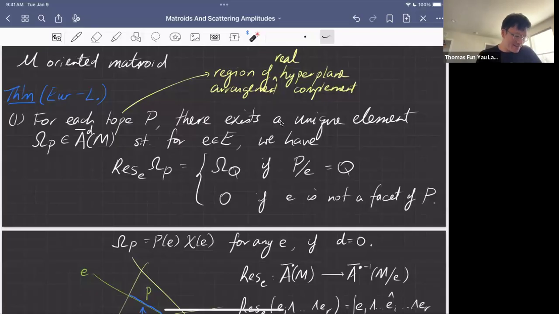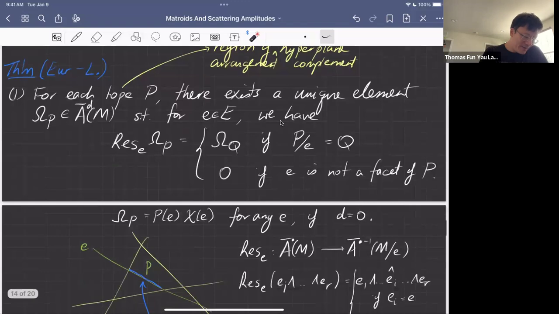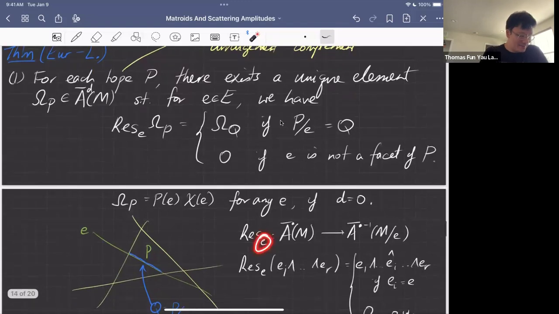The recursion is: if you take the residue, for each element in the ground set of the matroid, there's a residue map from the Orlik-Solomon algebra to the Orlik-Solomon algebra of the contraction. And it reduces the degree by 1, which is what you expect a residue to do.